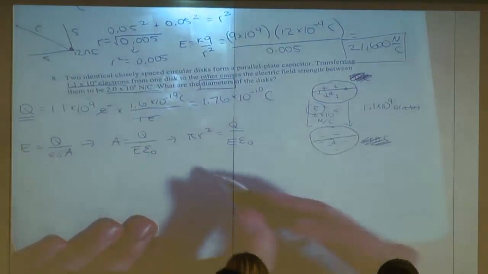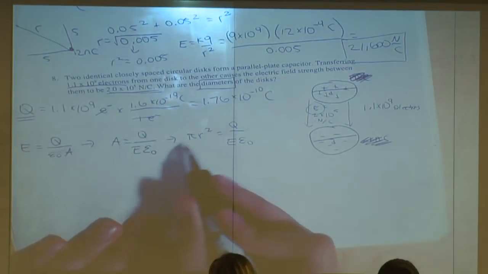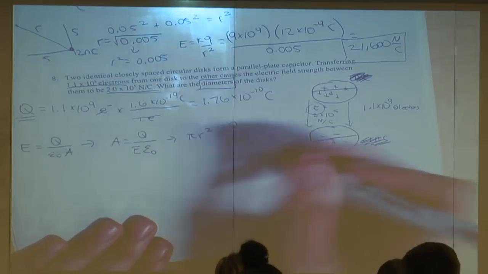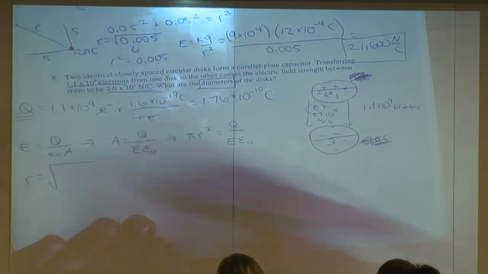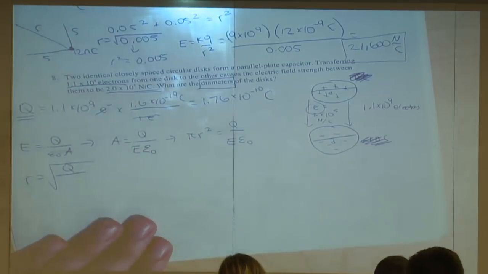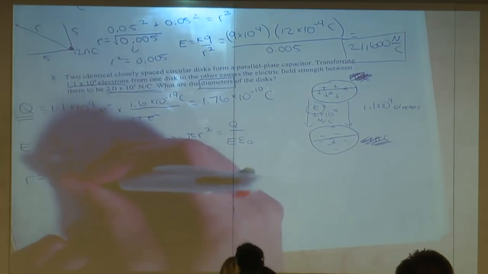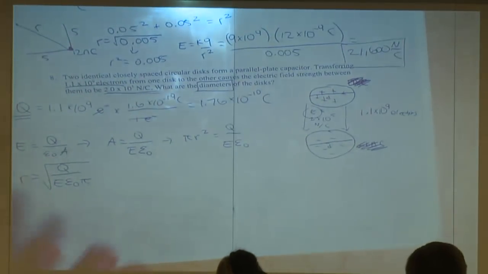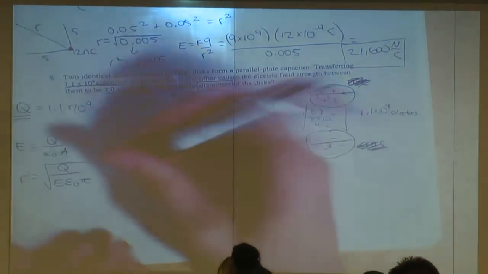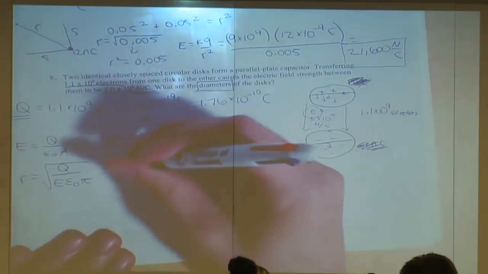To rearrange this for R, you'd basically just divide by pi and then take the square root, right? So you'd end up with R equals the square root of Q over E times epsilon naught times pi. Everyone agree with that? Okay. So we're going to do the square root.